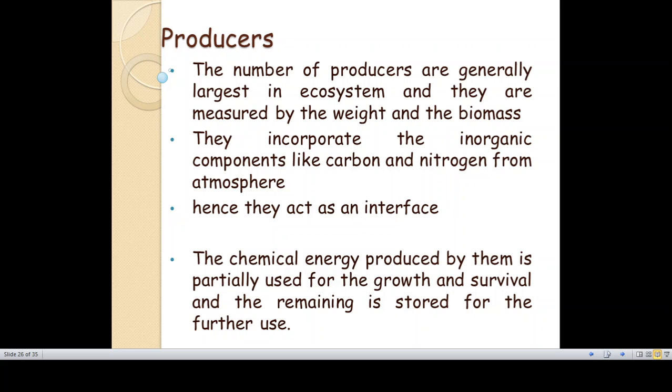For example, whatever material is taken in by the plant is partially passed on to other organisms and partially kept for self development, growth and survival.